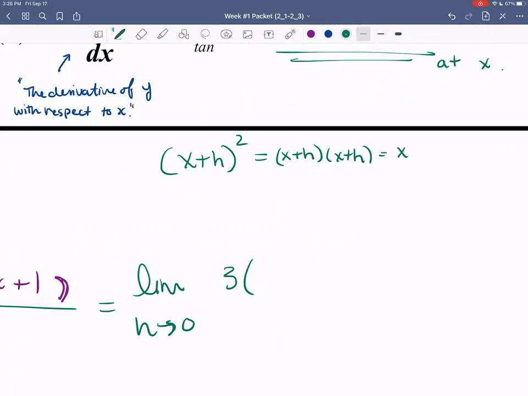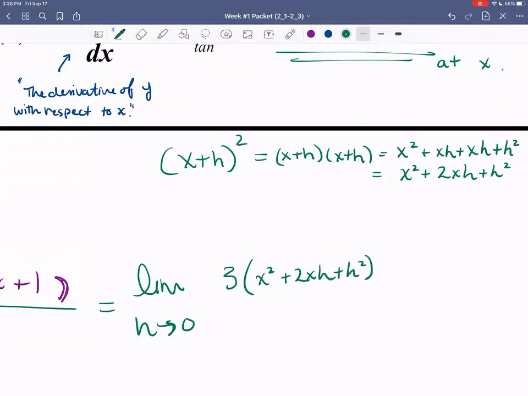That just becomes x squared plus xh plus xh plus h squared, which is just x squared plus 2xh plus h squared. So I'm going to plug that in here: 3 times x squared plus 2xh plus h squared.